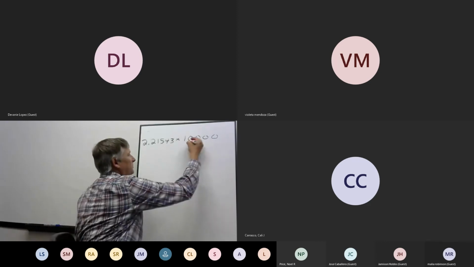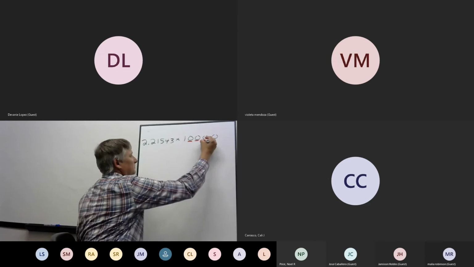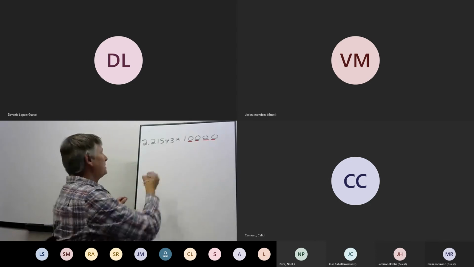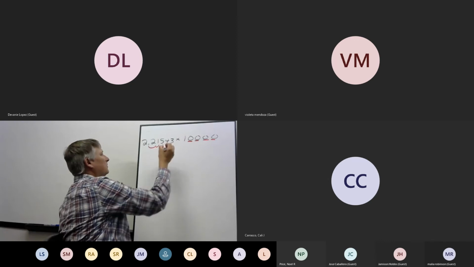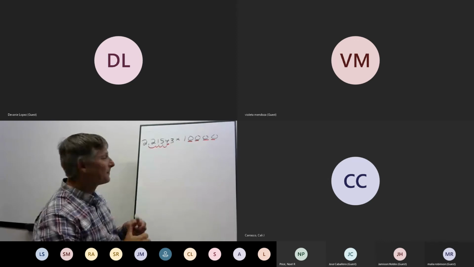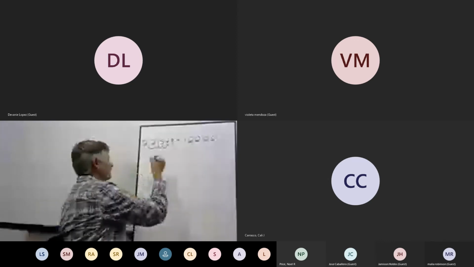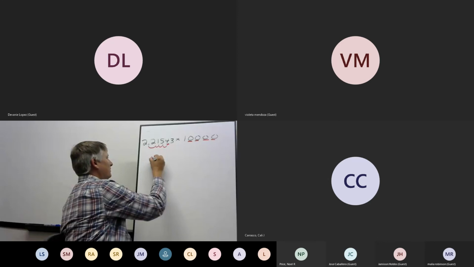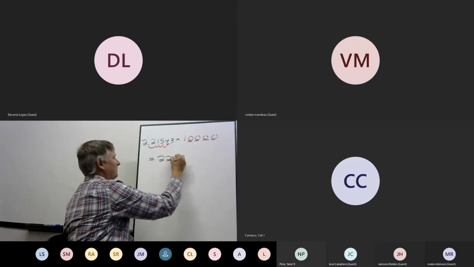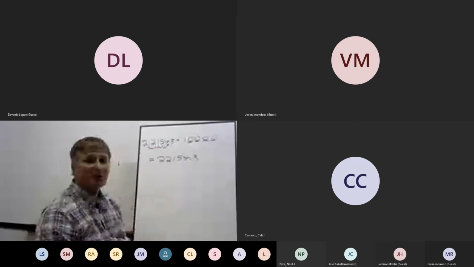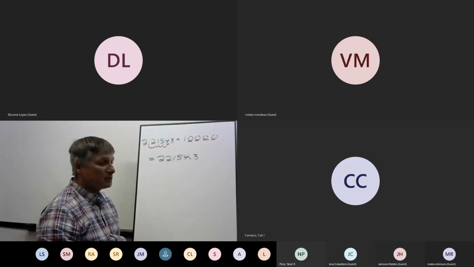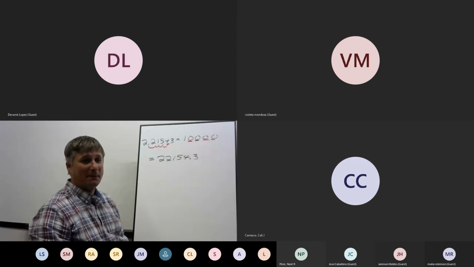We got 4 zeros. So that means we'll move our decimal 4 spaces to the right. That's going to be our answer. So any questions about that?